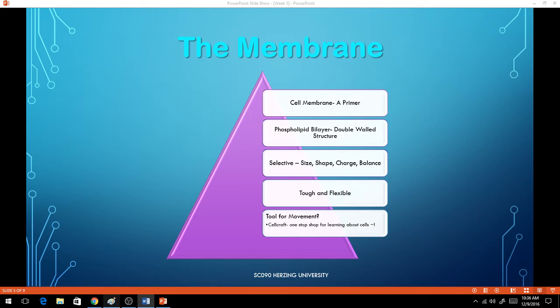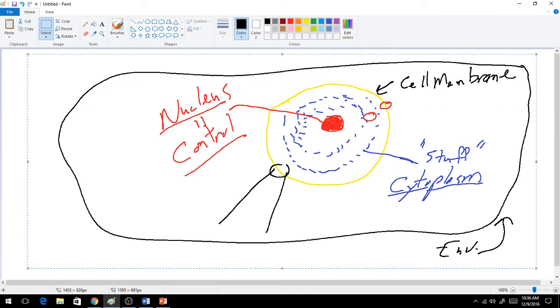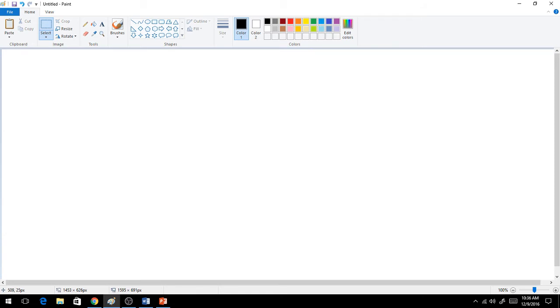So let's jump back over and draw a membrane. What we're going to do is take a section of the membrane and blow it up. So let's give ourselves a clear board. This is the edge of a membrane, and we're going to blow it up.